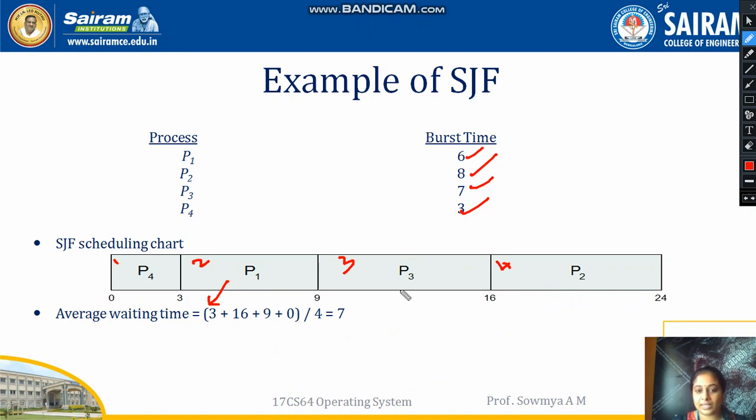P1 waited for 3 seconds, P3 waited for 9 seconds, P2 waited for 16 seconds and P4 waited for 0 seconds. So the average waiting time is the sum of all these divided by 4, that is 7.